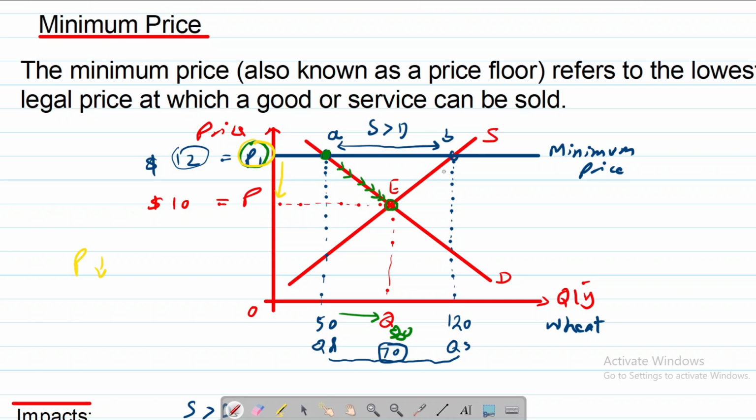And now what should happen to the supplier? Supply should contract, or quantity supplied should decrease from point B to E, because our main focus point is E. We have to move back to this point. So to move back to this point, price should decrease, quantity demanded should extend, and quantity supplied should contract from 120 to 80, or from B to point E, right?